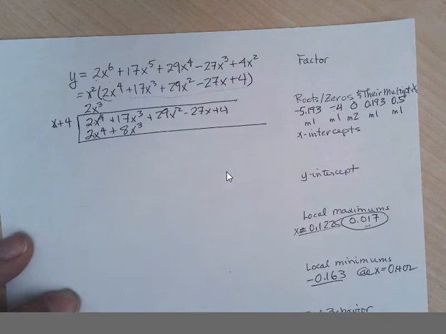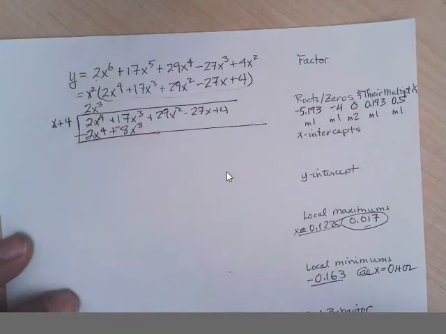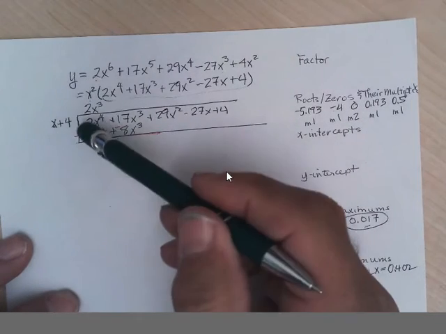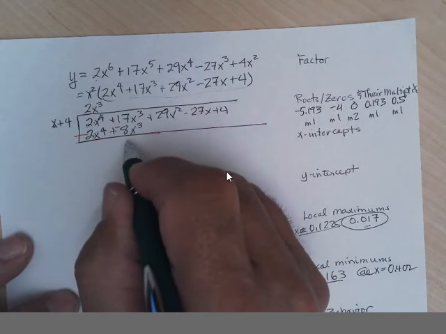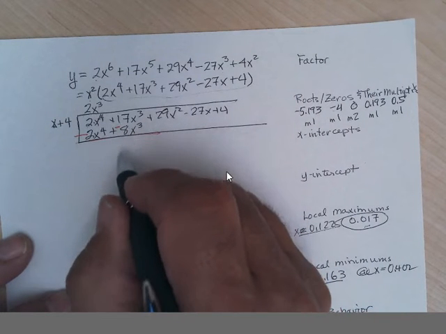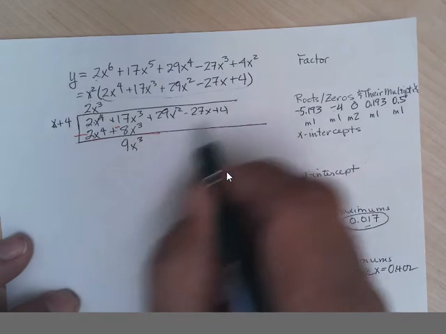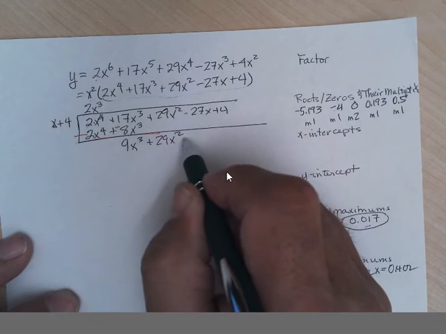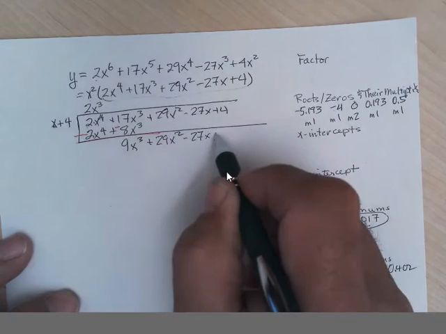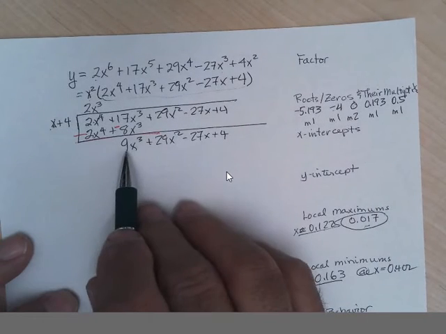And then I draw the line and change the sign so I can add. Add those two, I get 0. Add these two, and I get 9x to the 3rd. The rest of this comes down: plus 29x squared minus 27x plus 4. X times what makes this?